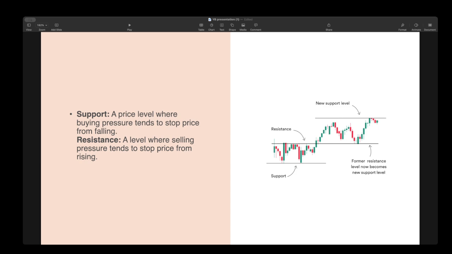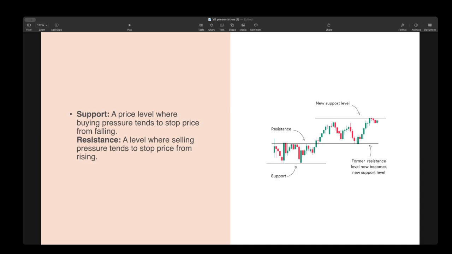So as price pulls back down, those sellers from back here are likely going to be buyers because they want to now buy back their position, which they were short. So they buy it back to stop out at break even, right? And it's the same thing vice versa.